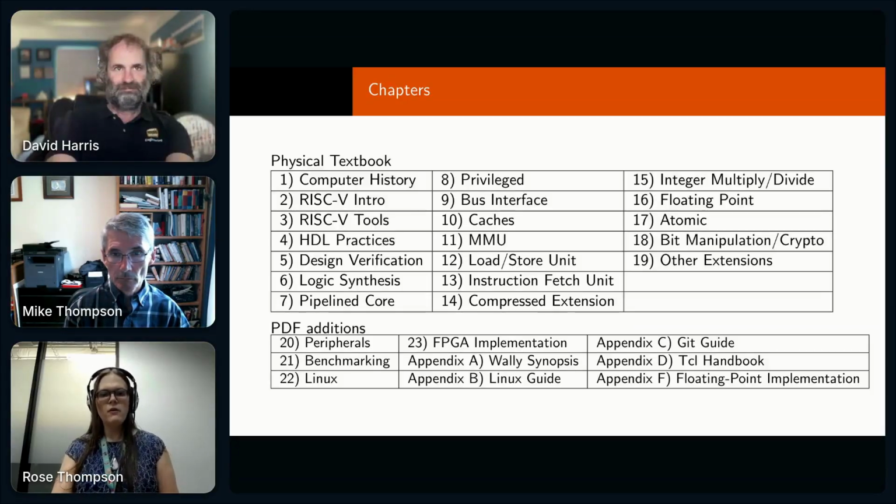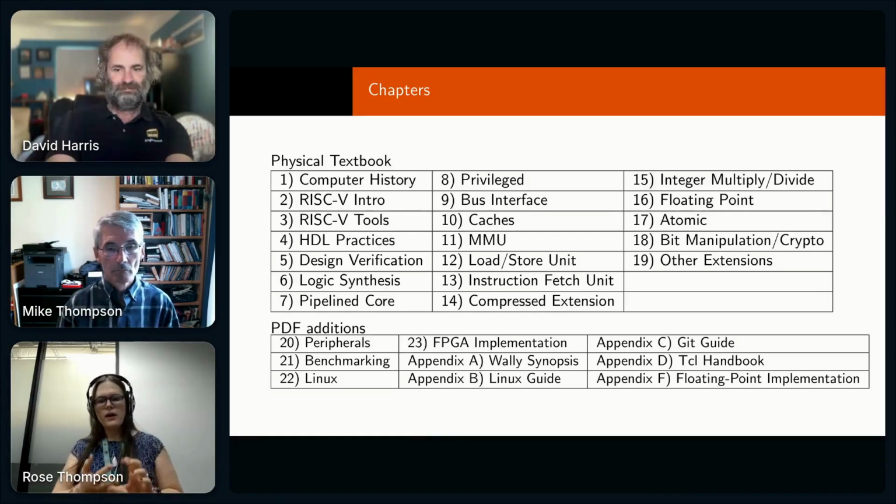In the PDF, you'll also get peripherals, so you'll get SPI, you'll get UART, and the CLINT and the PLIC definitions and implementation. And then also you'll get benchmarking results where we go over CoreMark and Embench.